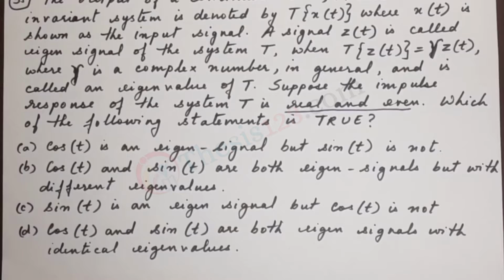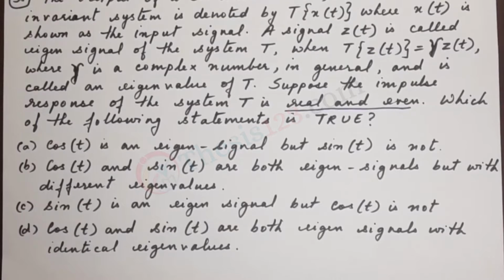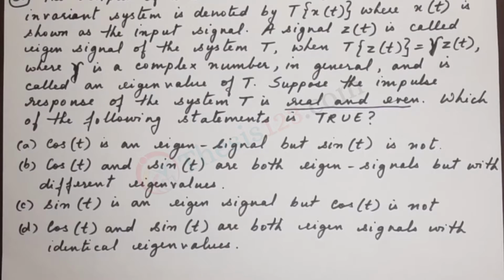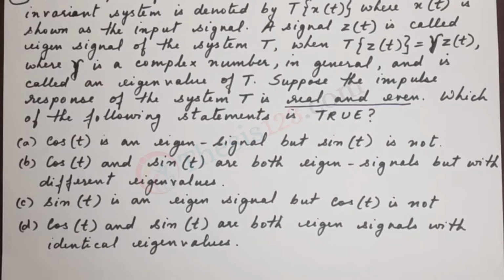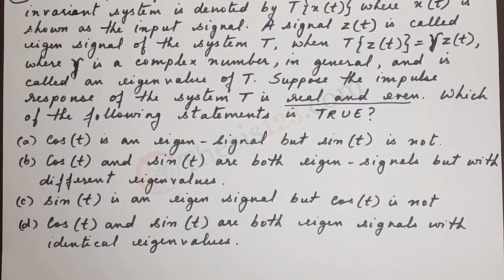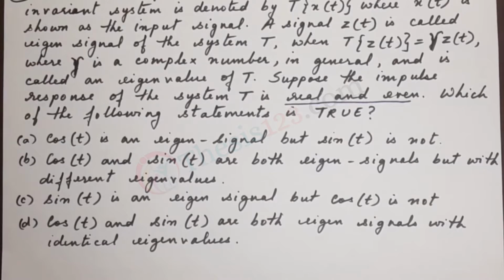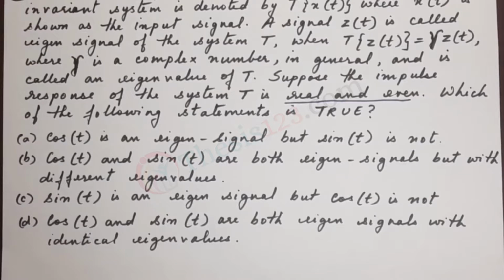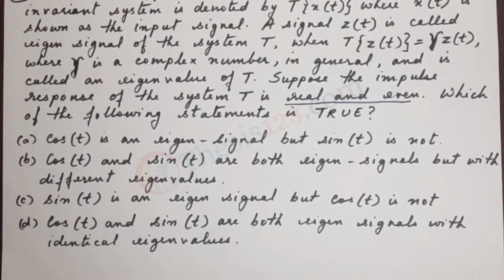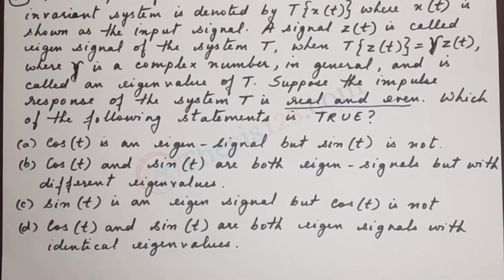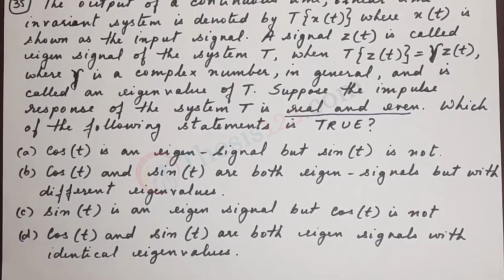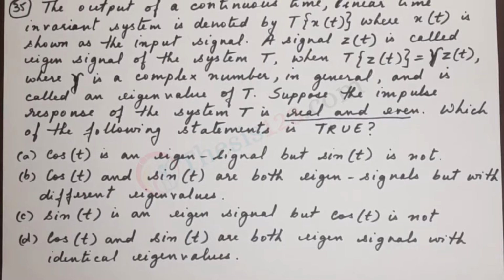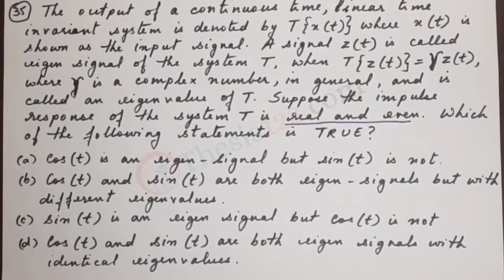So in this case, what we have to do is first examine what kind of system it is, given that it is real and even. And then we have to note what happens when we assume that cos t is the input signal, and what happens when we take sin t as an input signal. Okay, so let me just get a sheet of paper.